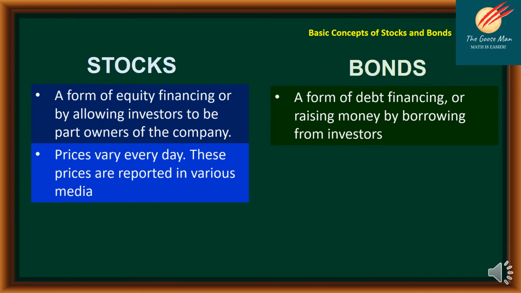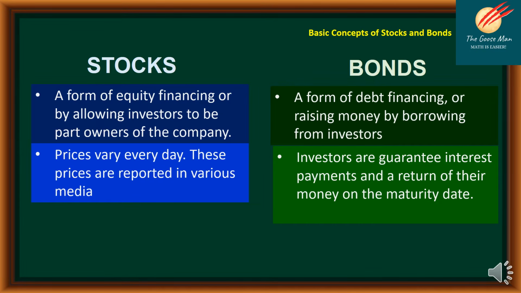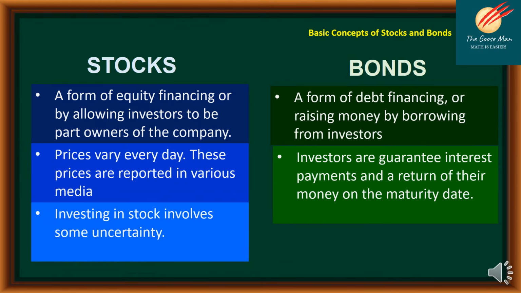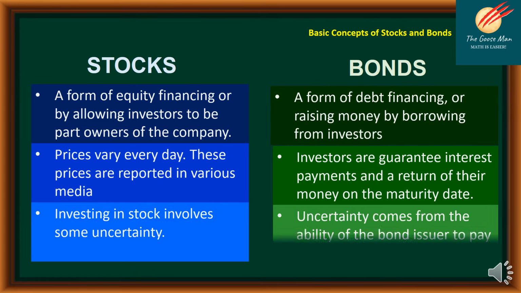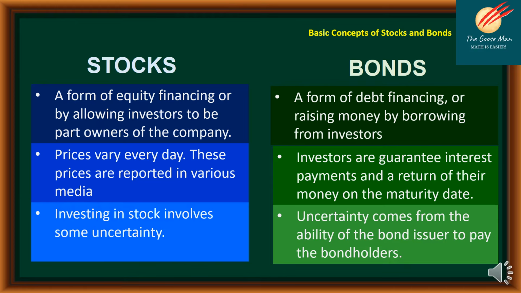These prices are reported in various media. While for bonds, investors are guaranteed interest payments and a return of their money on the maturity date. While on stocks, investing involves some uncertainty. While for bonds, uncertainty comes from the ability of the bond issuer to pay the bondholders.